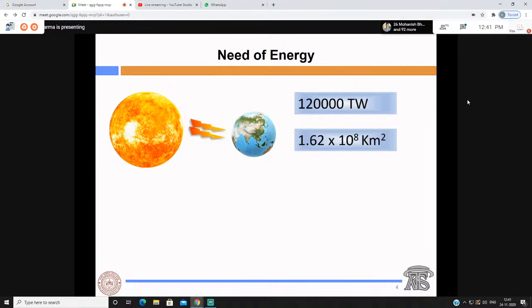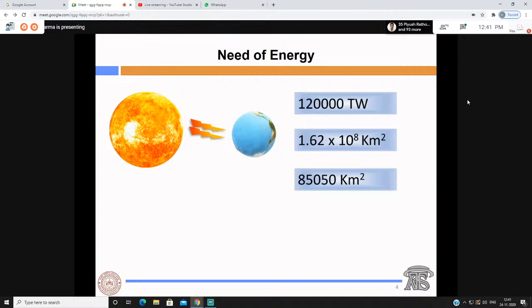Okay, so how many of you know what is the radius of Earth? Tentative radius. We know that it is not completely spherical. So 6,400 kilometers. Yeah, approximately it is 6,400 kilometers. Okay, so in the previous slide, for the whole population utilizing two fans and two bulbs, the energy required is 0.63 terawatt.